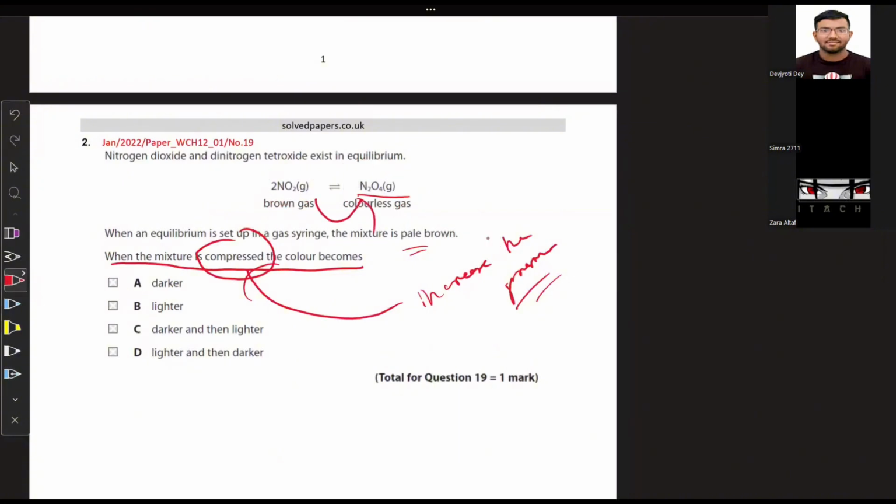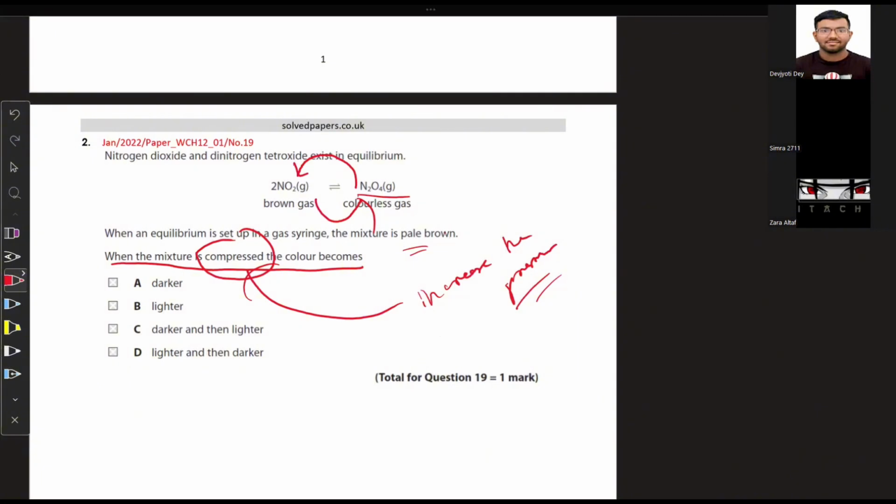But remember one thing, the thing about gas is that when you increase the gas pressure, when you compress the mixture, at first the equilibrium tends to shift to the left side. You have to compress any one of the gases, right?